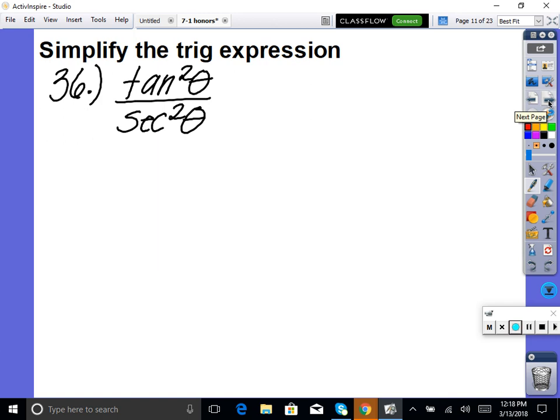Okay. Tangent squared over secant squared theta. So let's simplify this. Any suggestions of where to start? There's not a wrong answer. We can start wherever you want. Yes, Ruben.